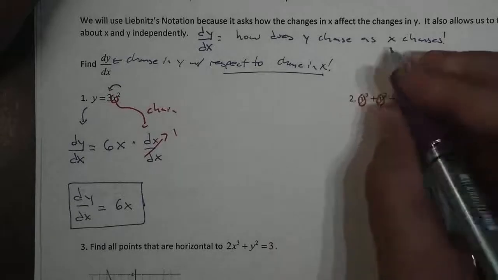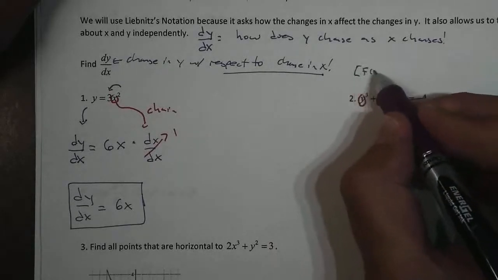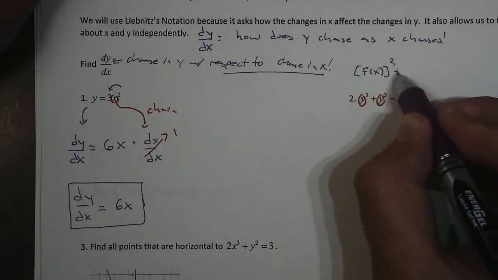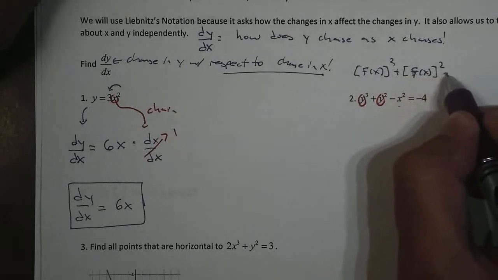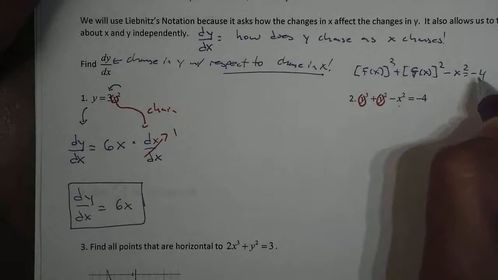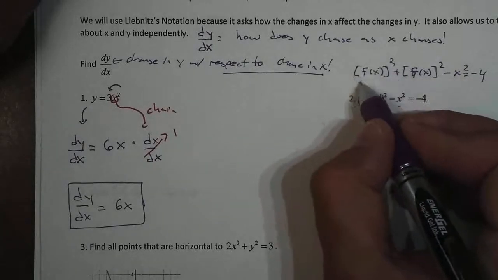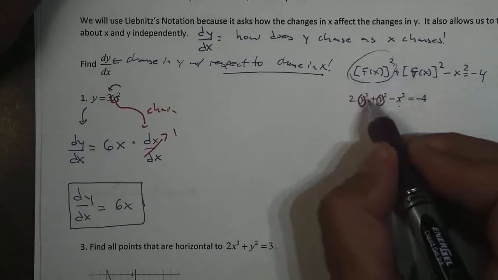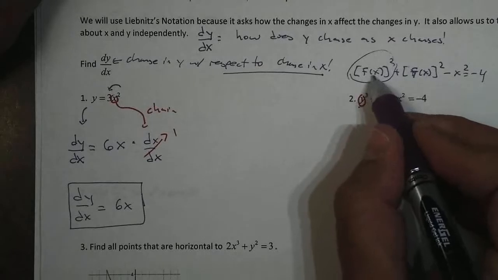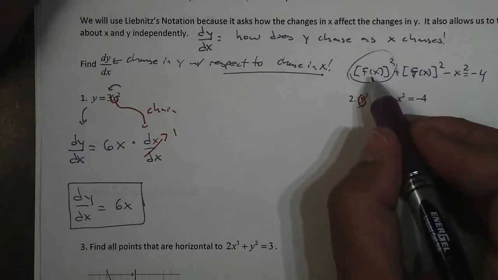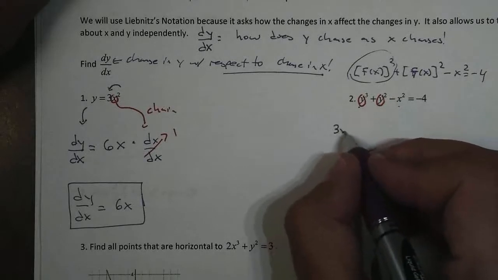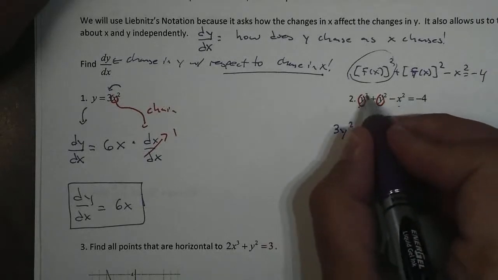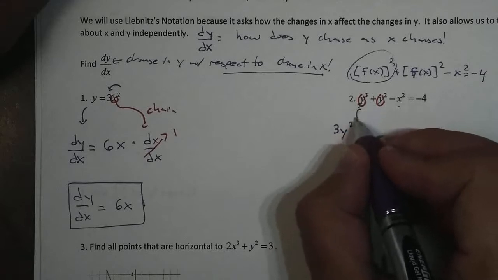Remember, what this is really saying is the following. f of x cubed plus f of x squared minus x squared equals negative 4. I know this is a chain rule right here. We're just using y's instead of x's because they look nicer. So when I take the derivative, I'm going to get this 3y squared, but I got to multiply by the derivative of y. That's my chain rule.